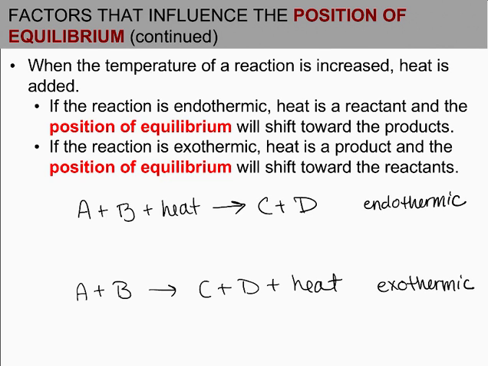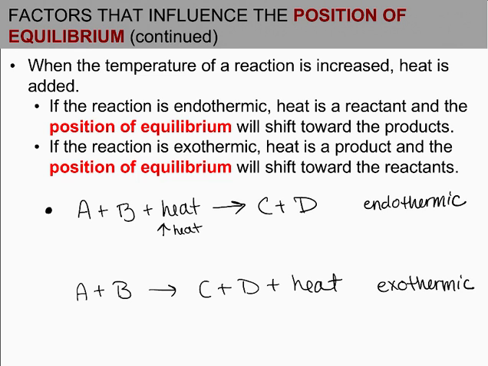Okay, so let's say we have an endothermic reaction, so our first reaction here. Again, heat is a reactant, and if we increase the amount of heat, then we're also increasing the amount of reactants, because technically heat is a reactant.